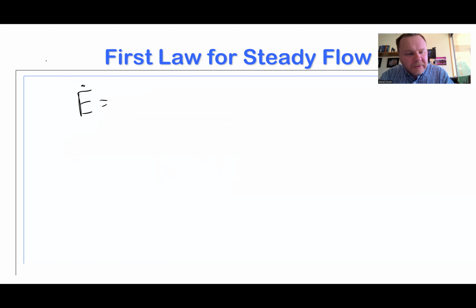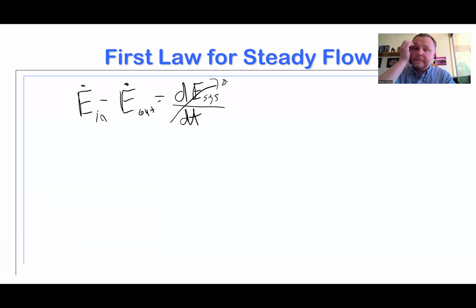E dot in minus E dot out is equal to dE system dt. And if it's steady flow, this goes to 0. Now, we need to think about all of the energies that can cross the boundary for a control volume.